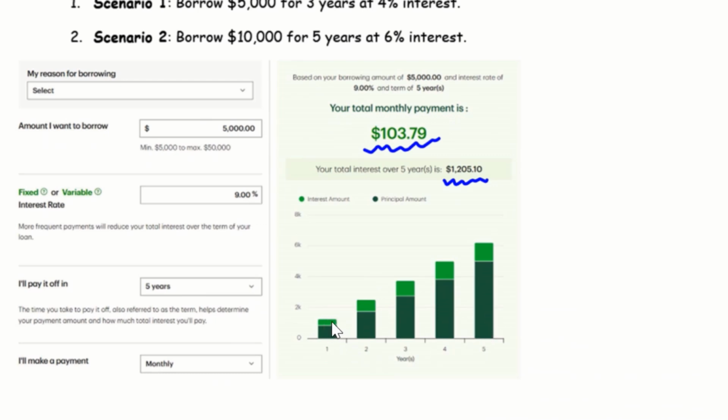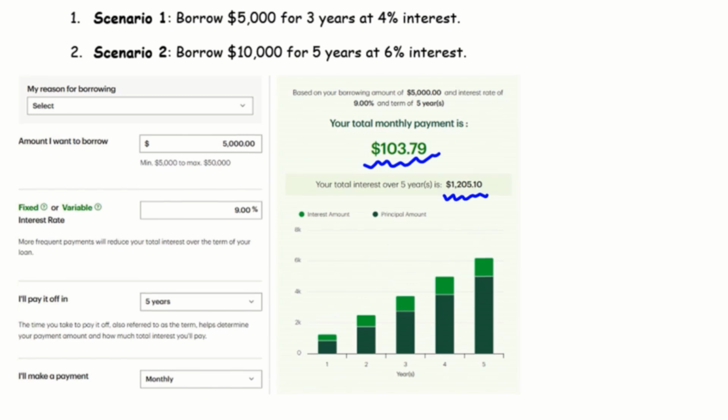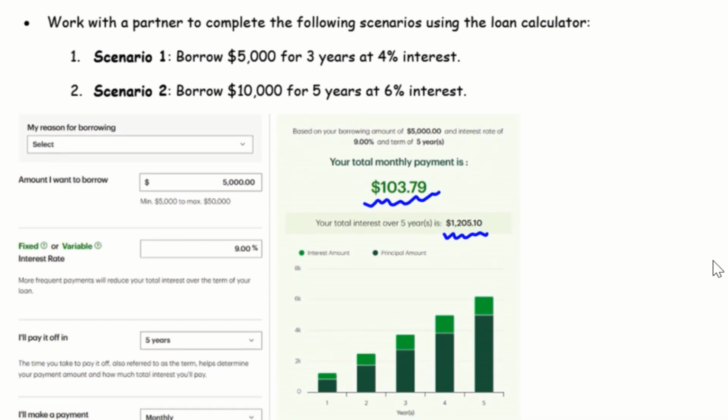The green one is the interest, the dark green is the principal. So at the very end, you will pay $5,000 plus this part, $1,205.10. Now we have two scenarios we want to practice.